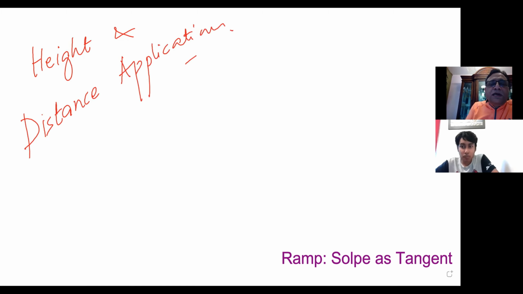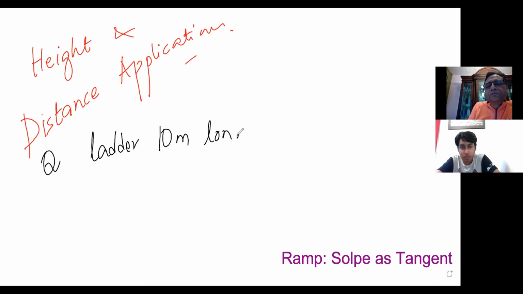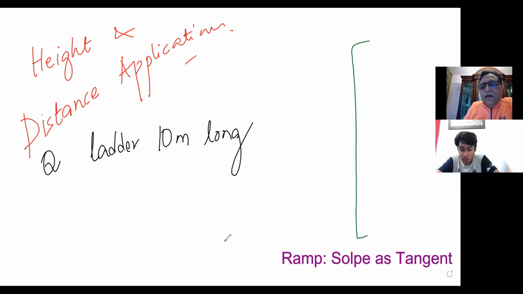Here is an example. Let's say we have a ladder. The question is, we have a ladder which is, let's say, 10 meters long, right? Correct? Yes, sir. Now, let us say you put this ladder on the side of a building. Let's say this is a horizontal plane here, okay? And the ladder is placed.